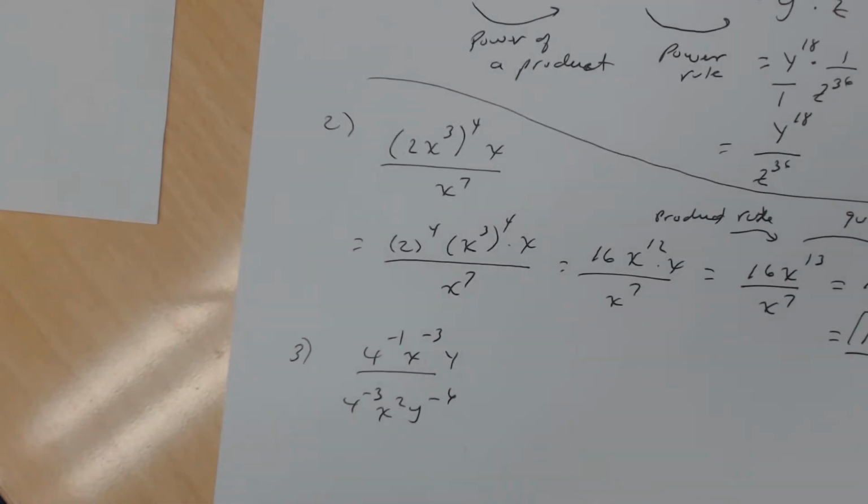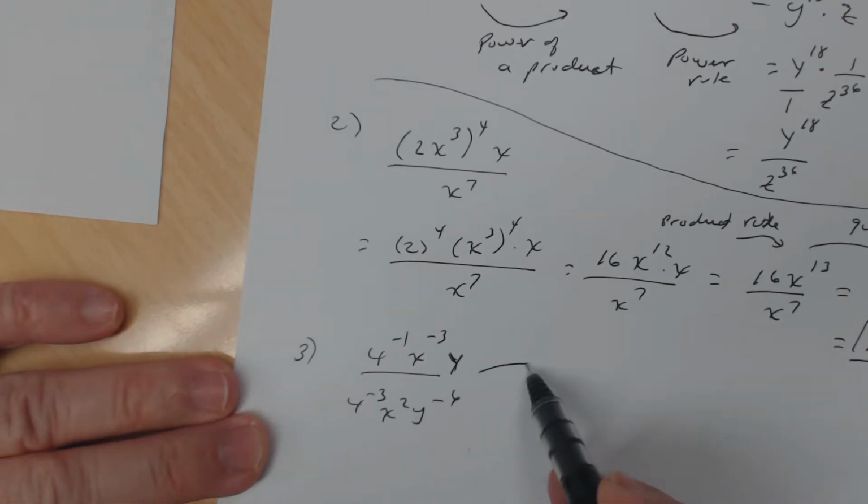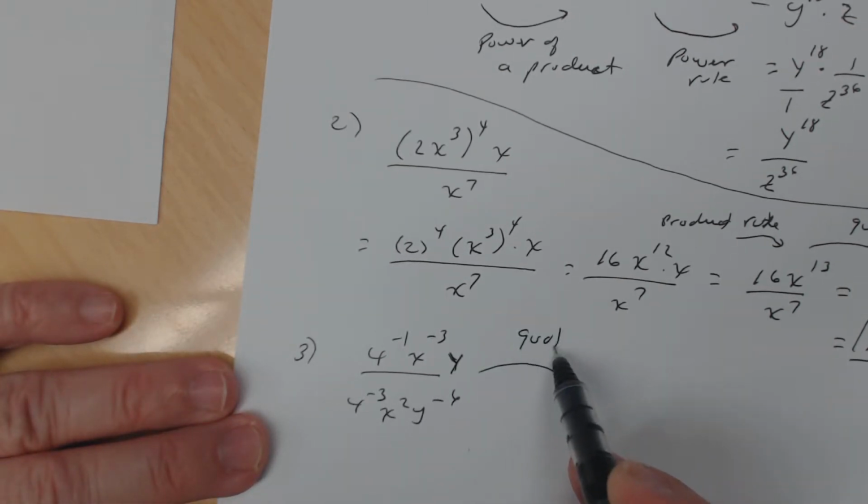Now, the way I would approach this is, if you look at these, I have a base of 4 in the numerator and a base of 4 in the denominator. Same thing with the x's, same thing with the y's. So that's y to the 1st right here. I'm going to use the quotient rule right away, going from here to here.